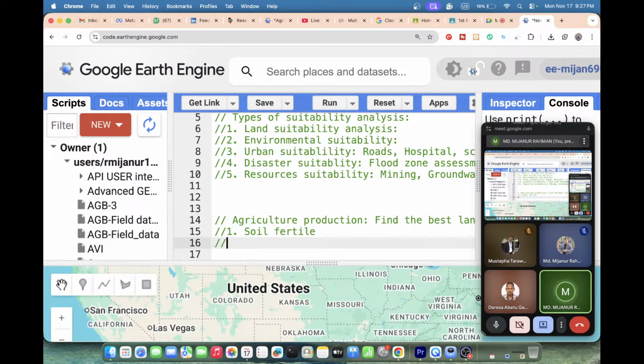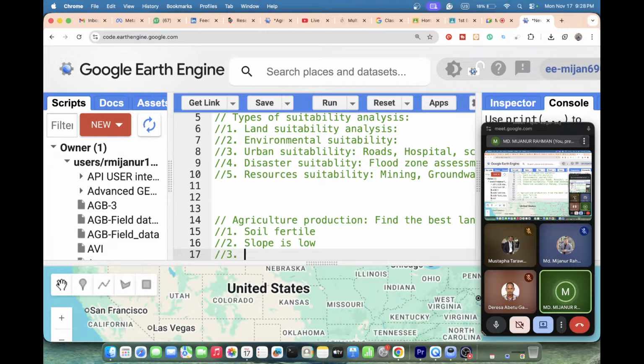Then another factor I can consider is that the slope is low. Suppose I want to make agricultural land where the slope is low, because a high elevation or high slope area is not good for agriculture production. So we consider low slope a good place for agricultural production. Then I need to choose a place where the rainfall is optimum.